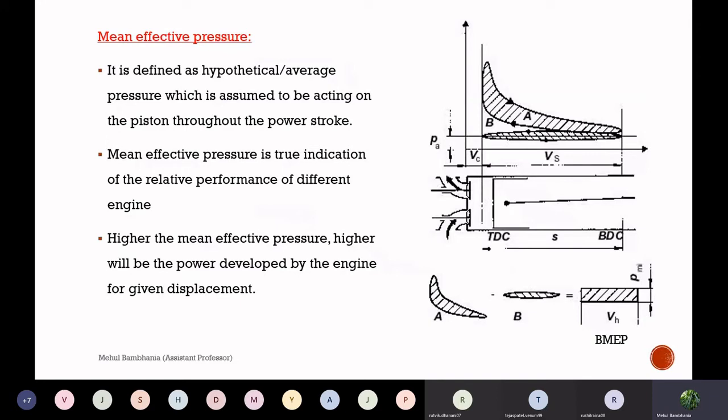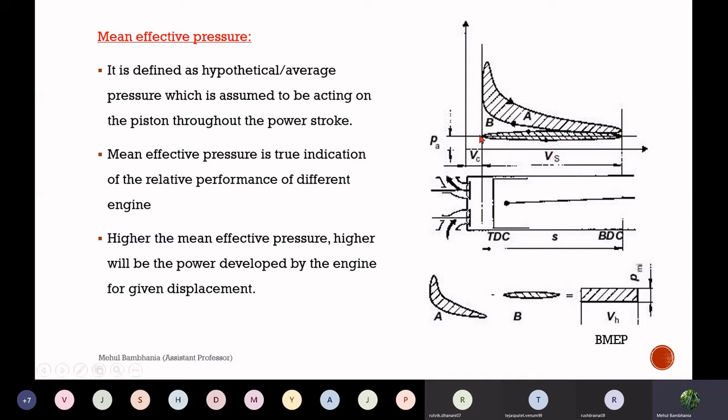Now, I already discussed mean effective pressure, but let's repeat. Mean effective pressure is the average pressure of the entire cycle. If it is an Otto cycle or diesel cycle, during the stroke the cycle goes through various pressure values.